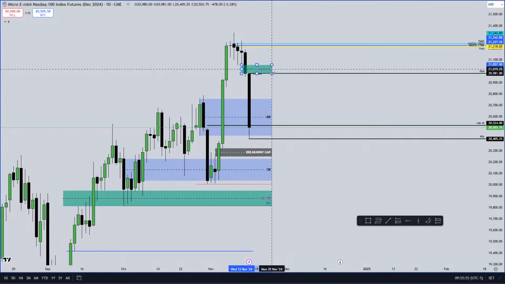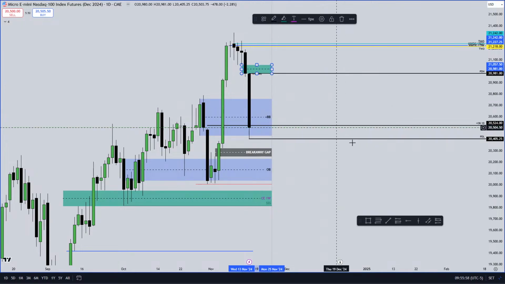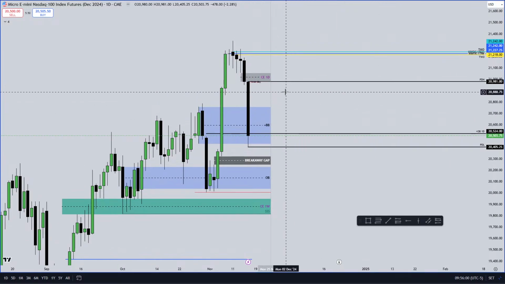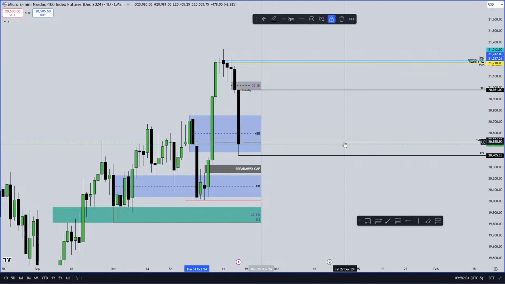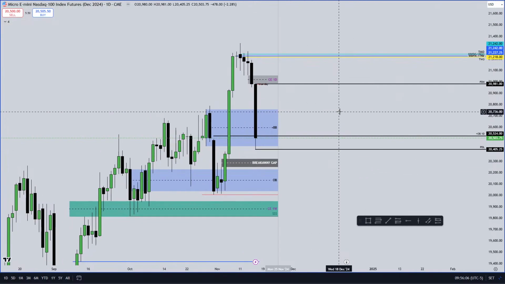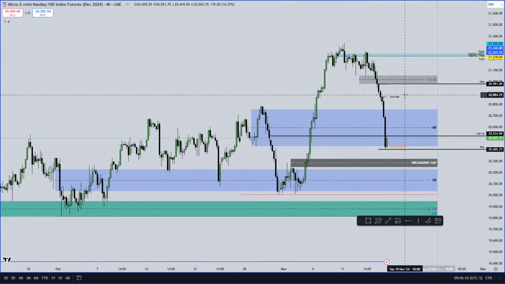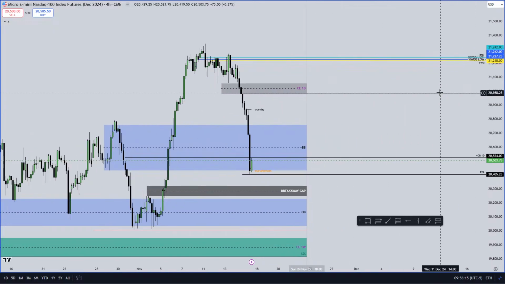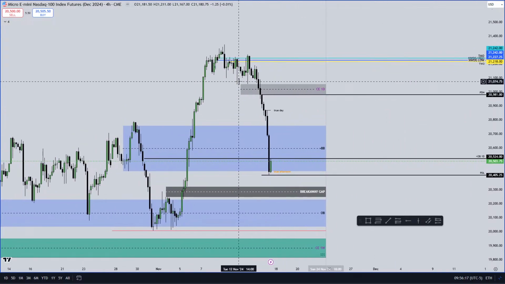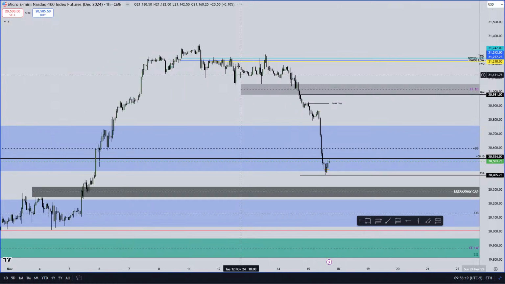We have this same FVG. I think that's it for NQ as well. We don't have much. We don't have a breaker like how we had it in ES.